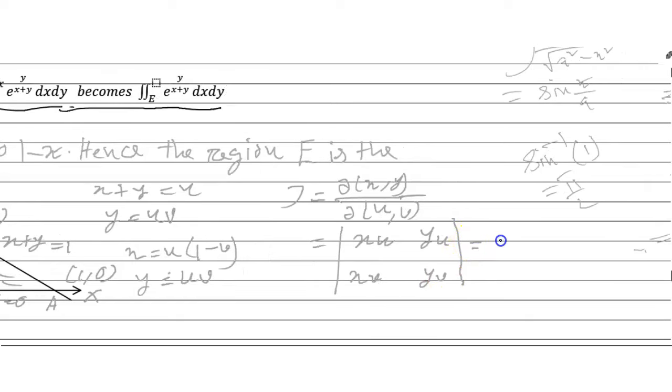So this value, derivative is 1 minus v into u and minus u into v equals to u. So this is Jacobian equals to u.